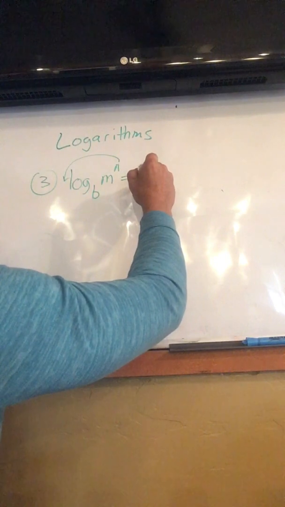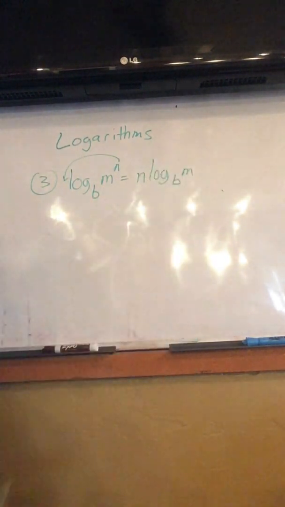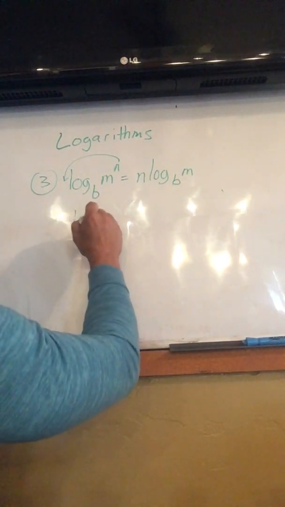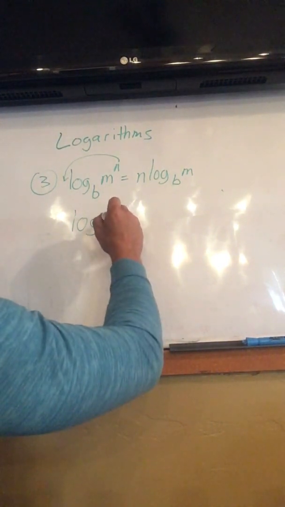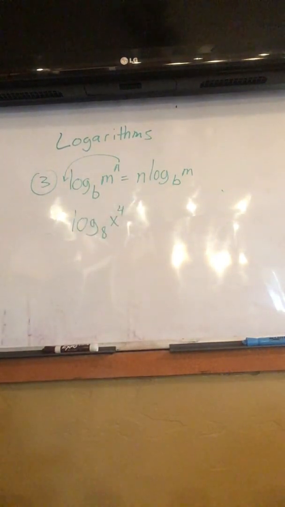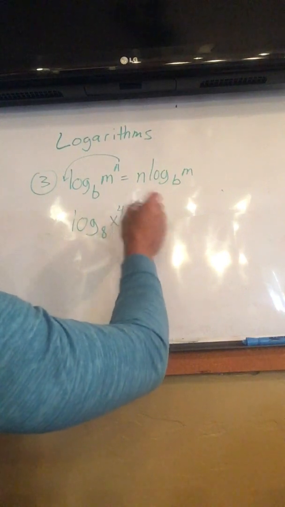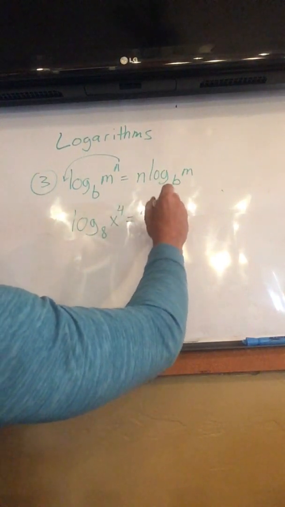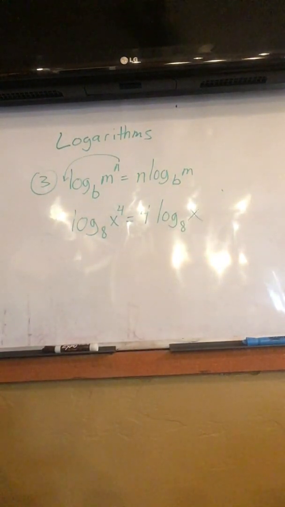So you can rewrite that as n times log base b of m. Okay, so if you had log, let's say it's base 8, and you have x to the 4th power. If it helps you solve the problem, we can move that out to the front and solve it at that point.